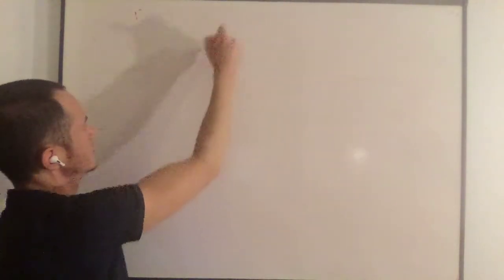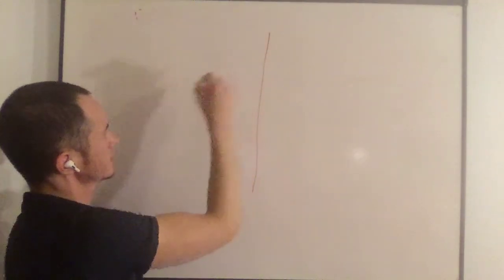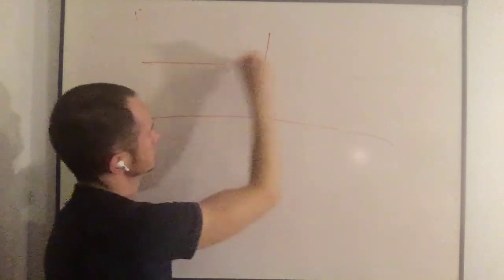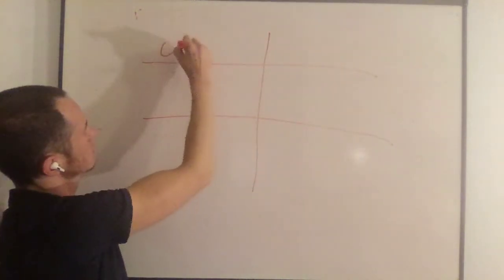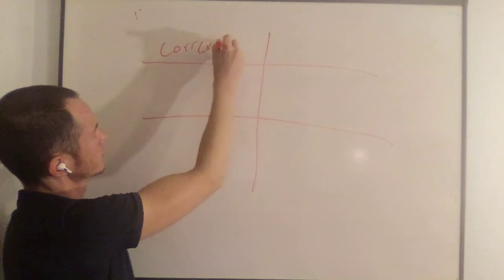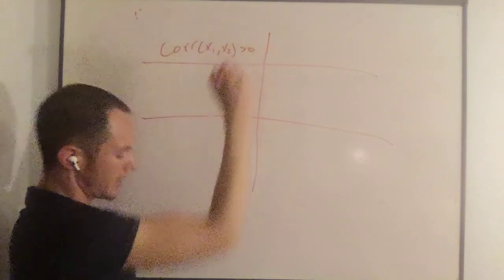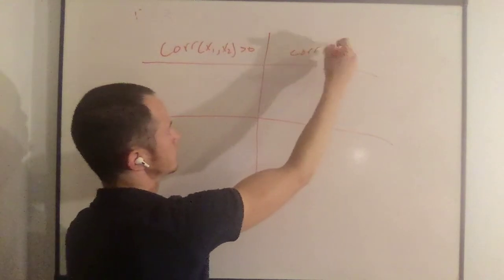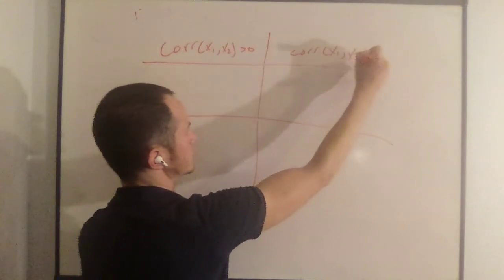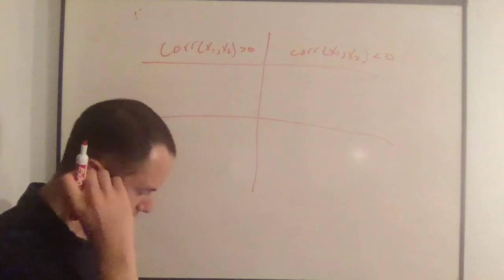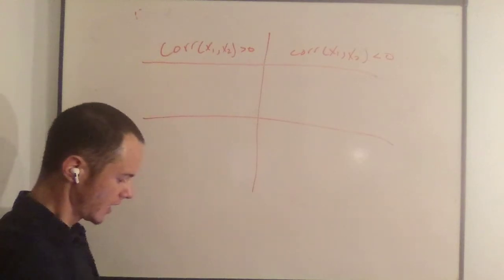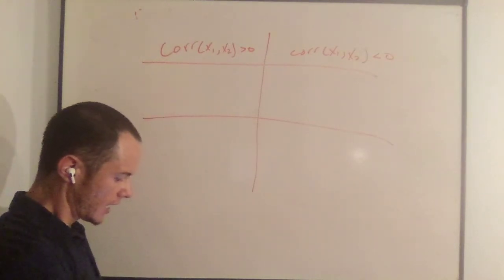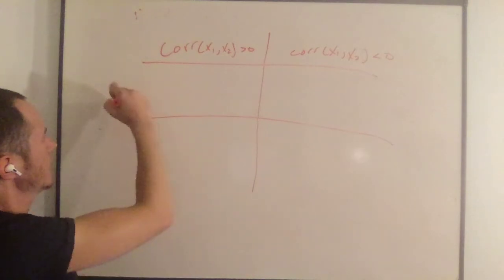So let's write down a matrix: corr(x1, x2) positive, and corr(x1, x2) negative.